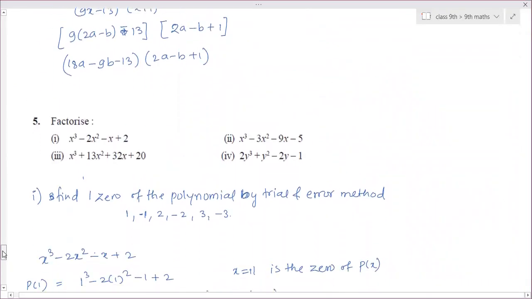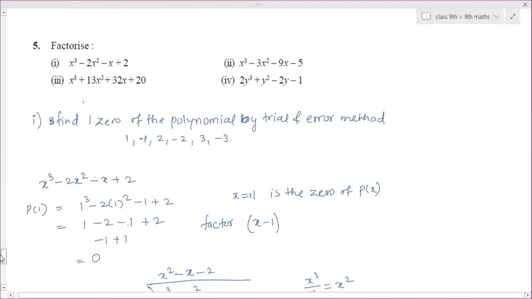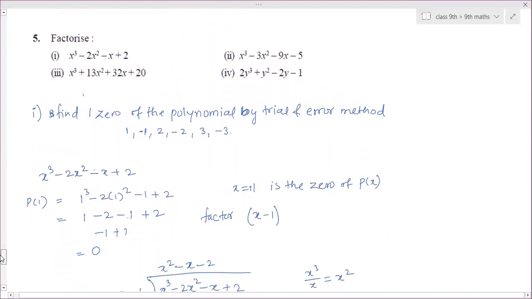x cube minus 3x square minus 9x minus 5. Write down quick.